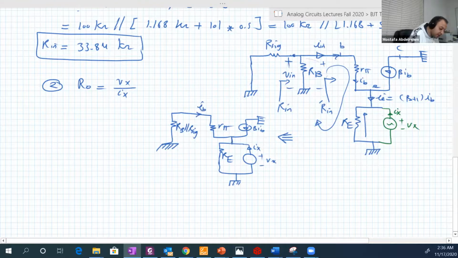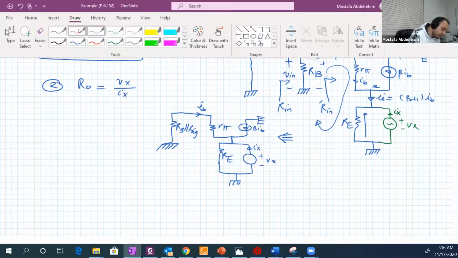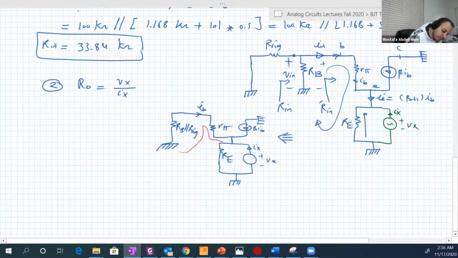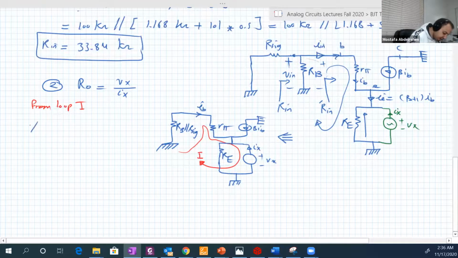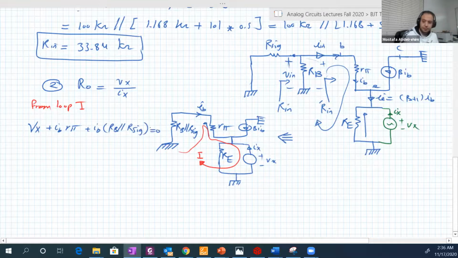So from that loop here, from loop one, what we have? We have Vx, and we have this voltage IB R pi, and we have this voltage IB RB capital parallel R signal equal to 0.